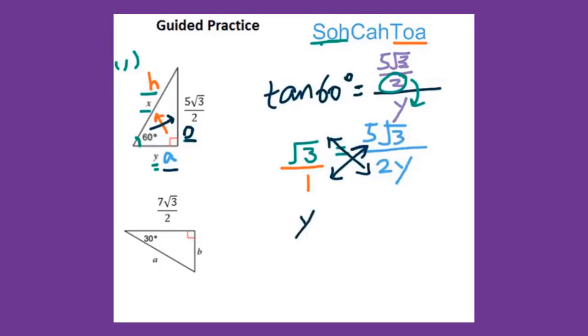That's how you get y equals 2 times square root of 3, which is 2 square root of 3. Then 1 times 5 square root of 3 will be 5 square root of 3. Then reduce. You will get 5 over 2. Leave as a fraction. That's the answer for y.